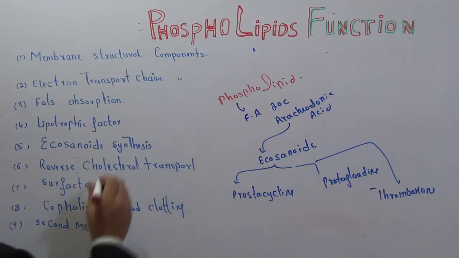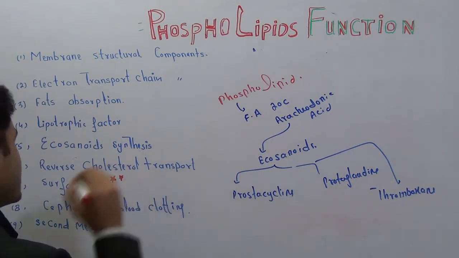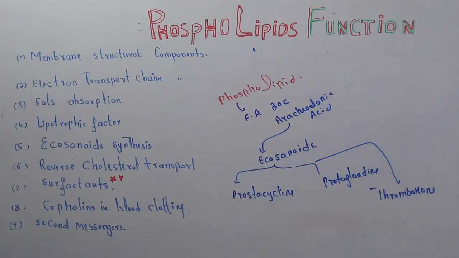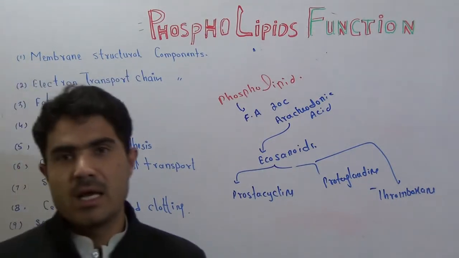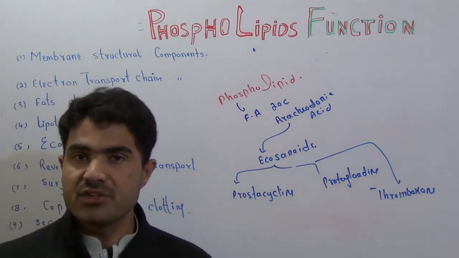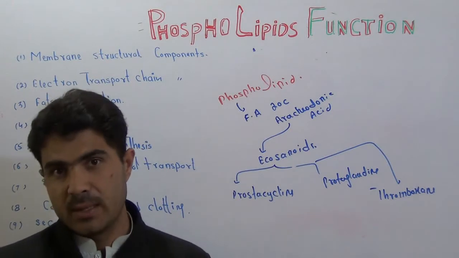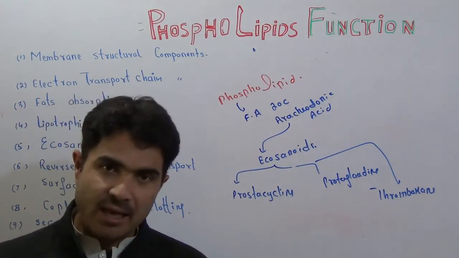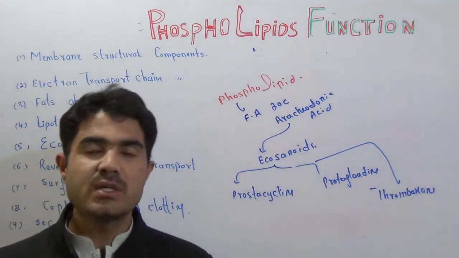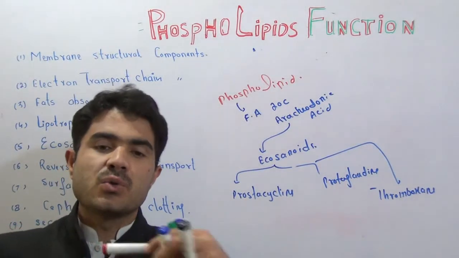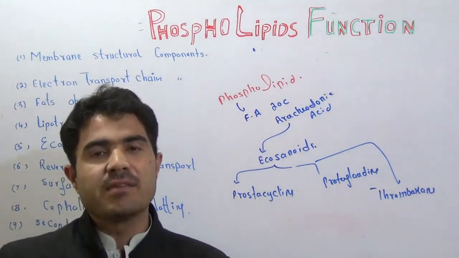Surfactant, this is a very special point. What are surfactants? Surfactants refers to those compounds which decrease the surface tension of a liquid, meaning they help two liquids merge into one another. If you have two liquids that cannot merge, you add surfactant and they will merge.